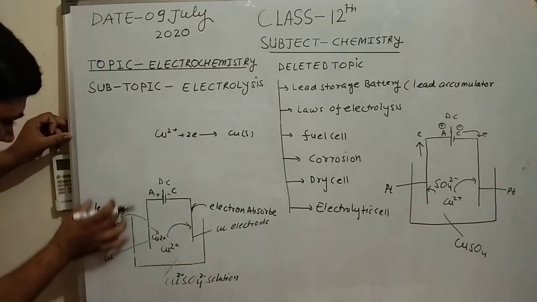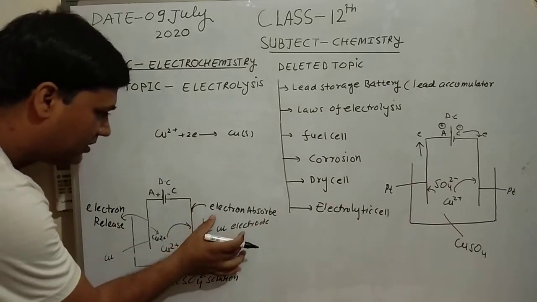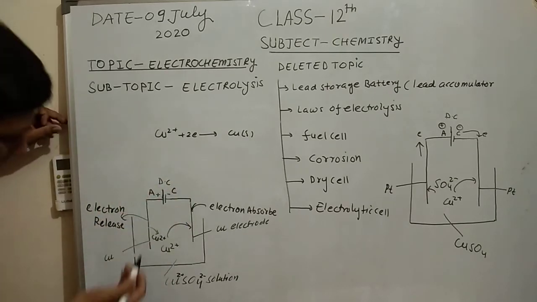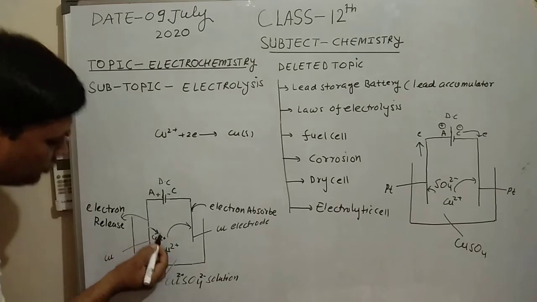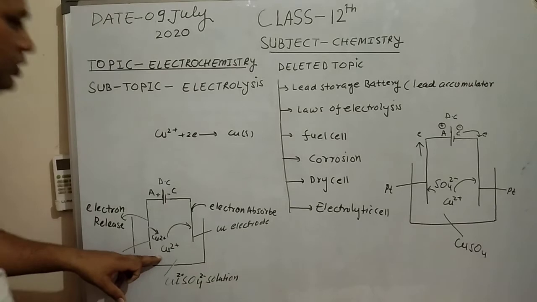At this electrode electrons are released, and at this electrode electrons are absorbed. When electricity passes, copper is converted into Cu2+ and copper ion is converted into Cu.